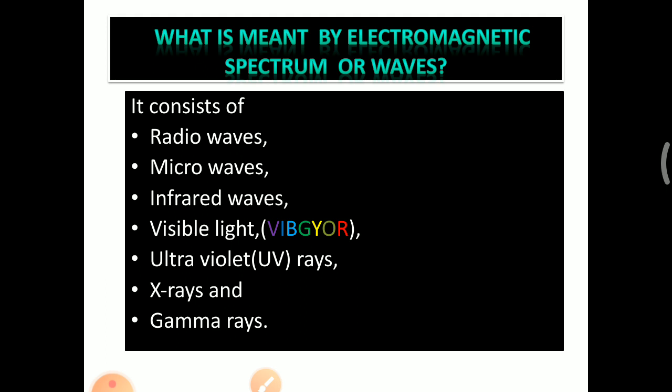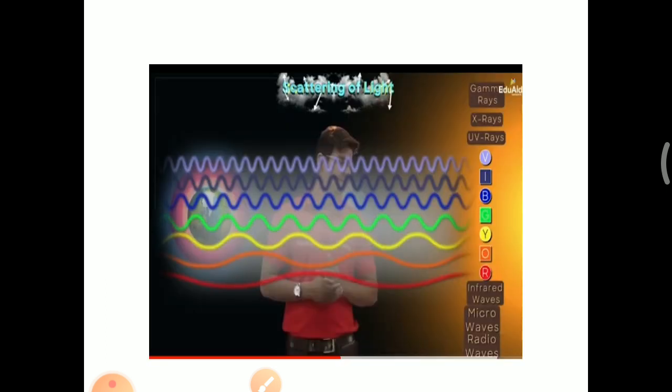So if you take an electromagnetic spectrum, it consists of these 7 types of waves. We can see only the visible light. The visible light has different wavelengths. The red has the longest wavelength and violet has the shortest wavelength.